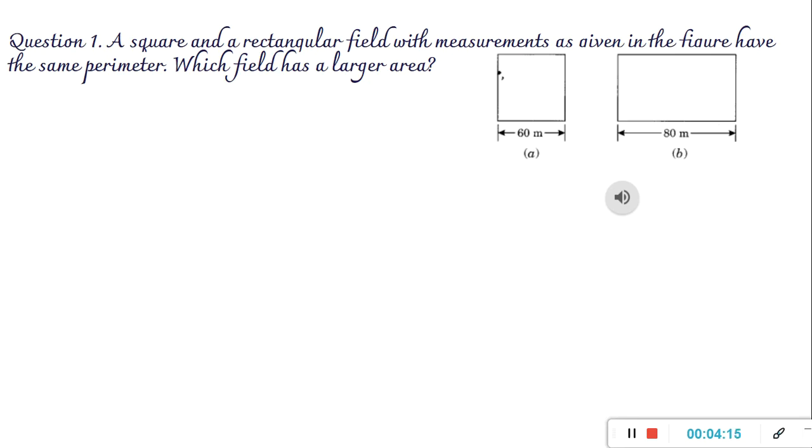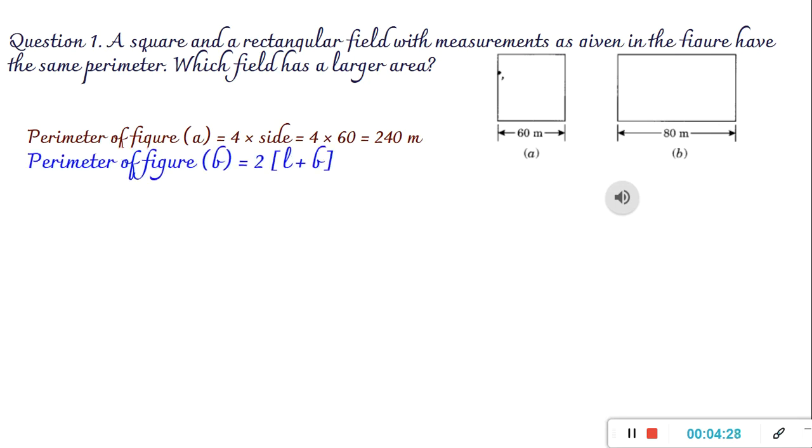So first, perimeter of figure A, that is the square. 4 into side, so 4 into 60, 240 meter. This 240 meter is equal to the perimeter of the rectangle, figure B, also. So what is the formula for figure B? Perimeter of figure B is equal to 2 into length plus breadth.